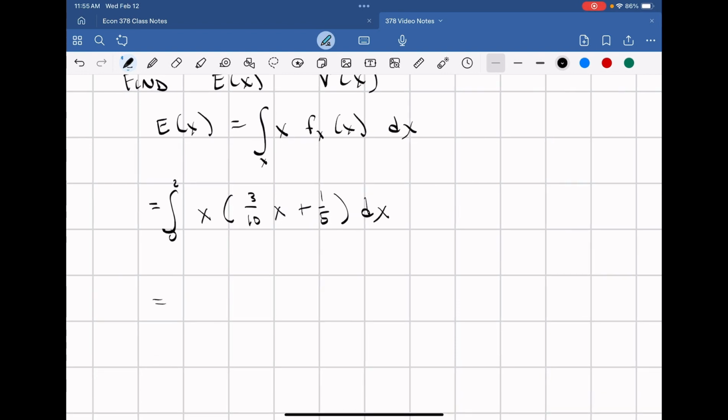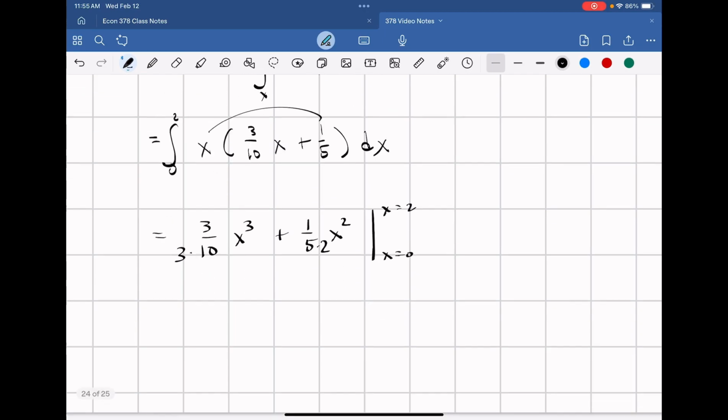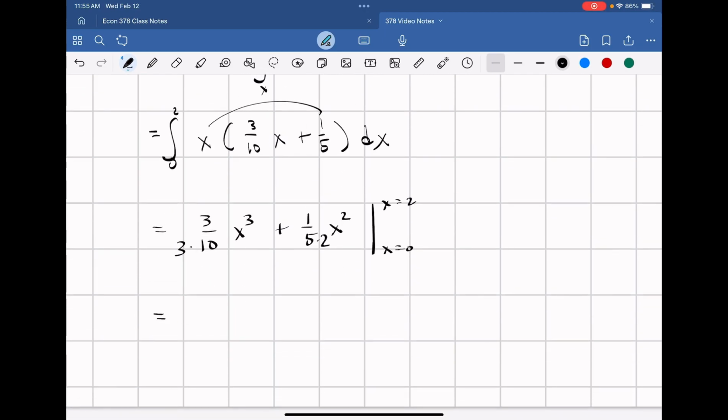So we have 3/10 x squared. So that's going to be 3/10 x cubed. Bring the 3 down below. Plus we have 1/5 x. So that'll go to x squared. Bring the 2 down below. And it's evaluated when x is equal to 2 and x is equal to 0. So these 3's are going to cancel.